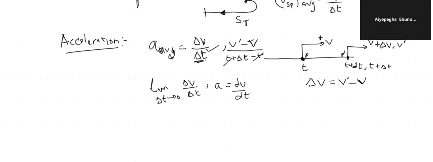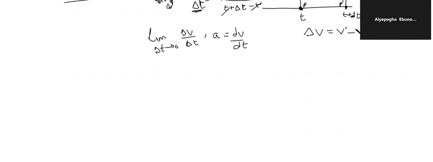Now, I don't want to make the lecture too long. I do not want to solve some problems here, but I need to make a statement. You know that v is ds dt, and we know that a is dv dt.